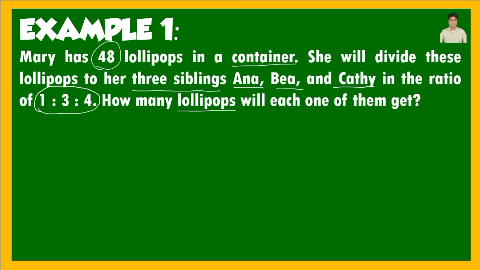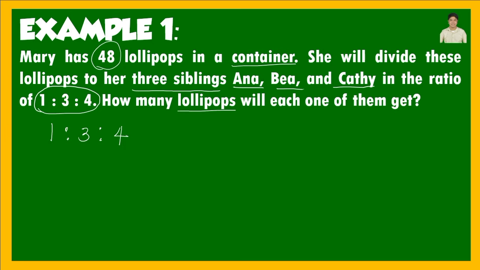So, kung mapapansin natin, yung ratio na given, hindi po pantay-pantay. Makikita natin na si Anna ang pinakakonti ang matatanggap. Si Cathy naman ang pinakamadami. So, paano natin malalaman yan? So, yung 1:3:4 na yan, pwede natin yung isulat in terms of n.